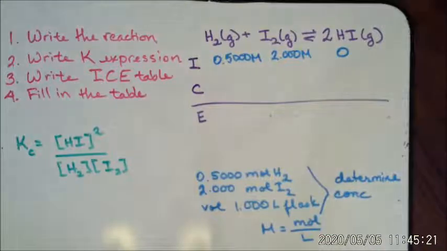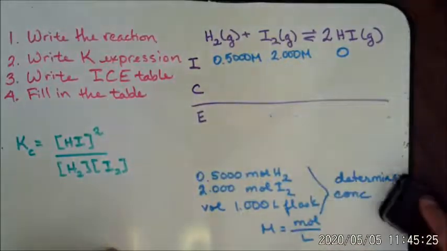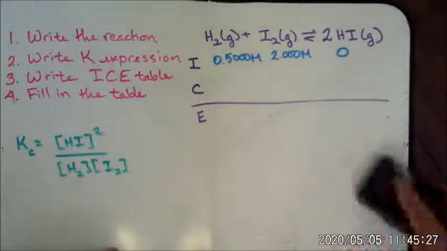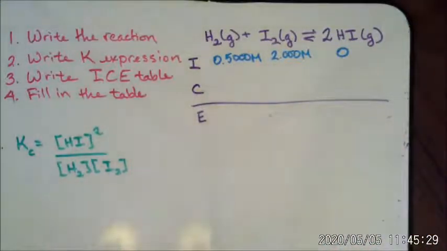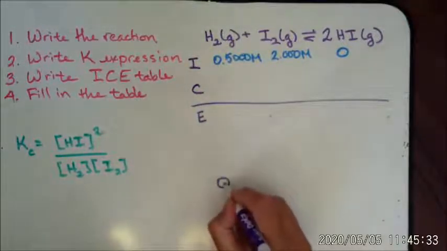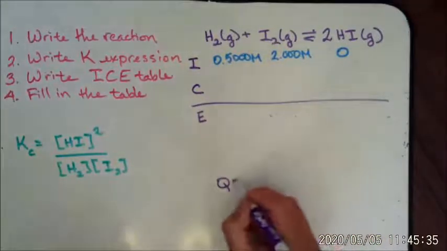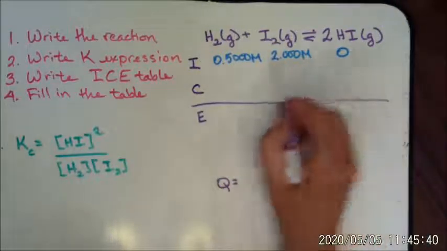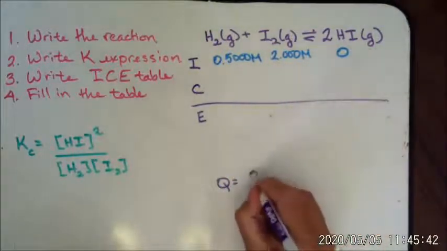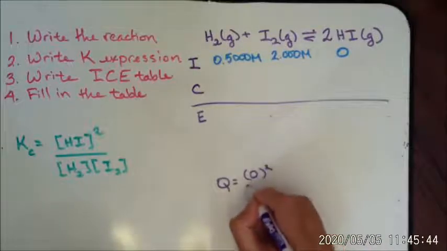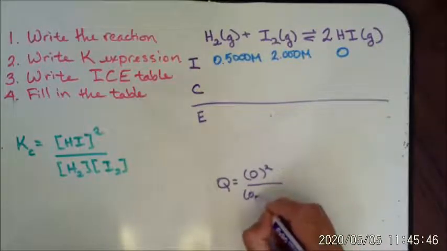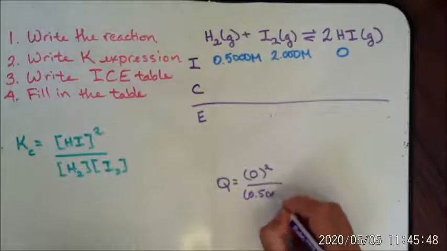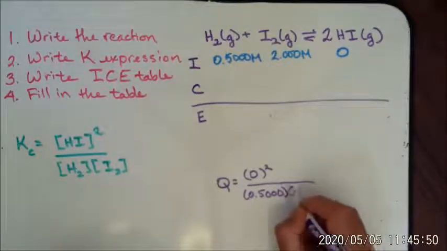That's the first order of business. The second order of business, now that you have your concentrations, is this. When you look at Q, Q is going to be equal to products over reactants. So it's going to be 0 squared over 0.5 and 2.0.